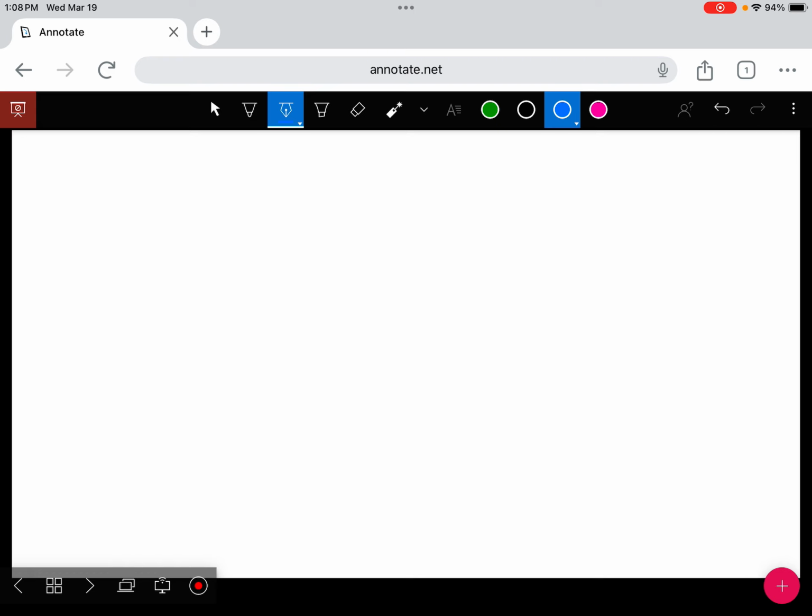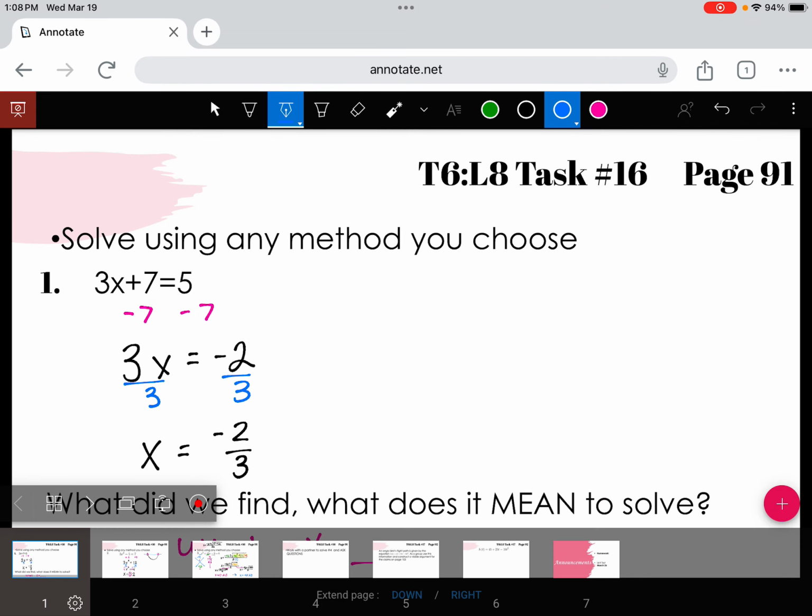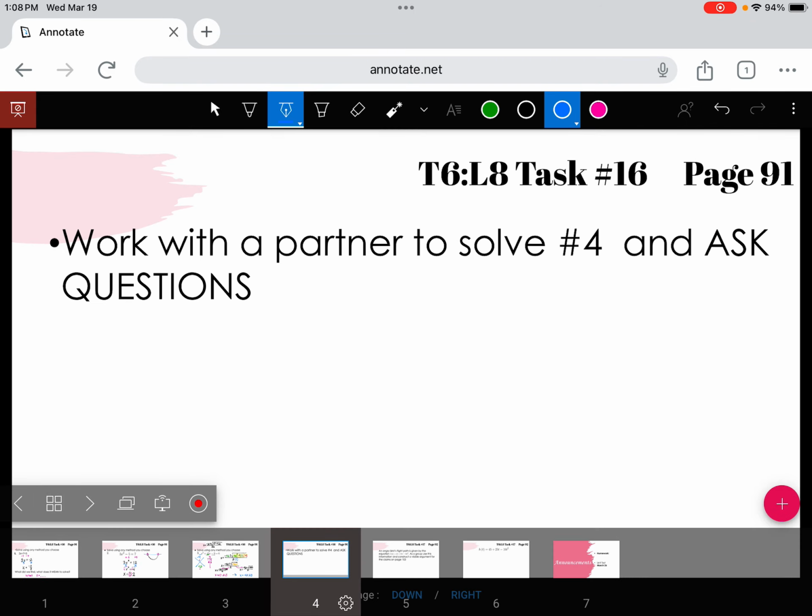Sometimes we can do things with factoring. Sometimes we're just going to straight up solve stuff with square roots. So what I want you to do is look at number 4. See what we can do for number 4. What kind of solutions are we going to do for number 4?